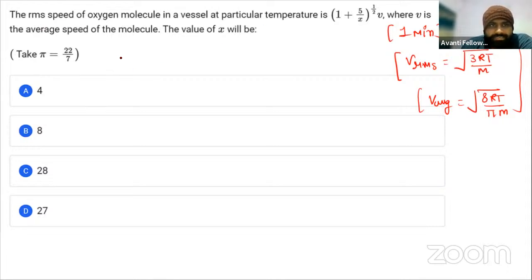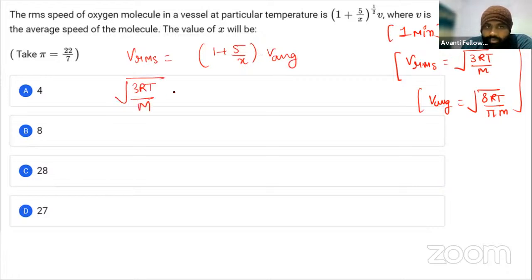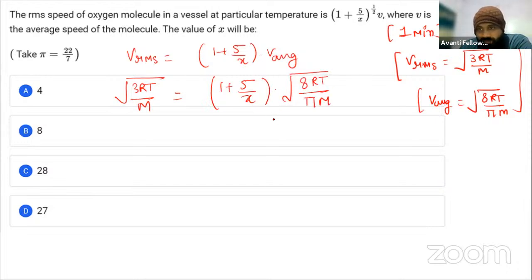So RMS speed is given to you. V_RMS is 1 plus 5 by x times V average. So V_RMS we have root of 3RT by M, M is the molecular mass here, times 1 plus 5 upon x, V average is root of 8RT upon pi M. Now, this also has a power half.